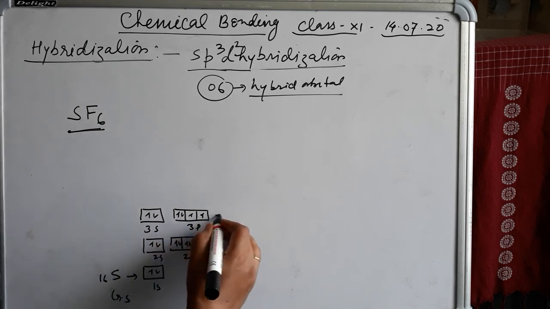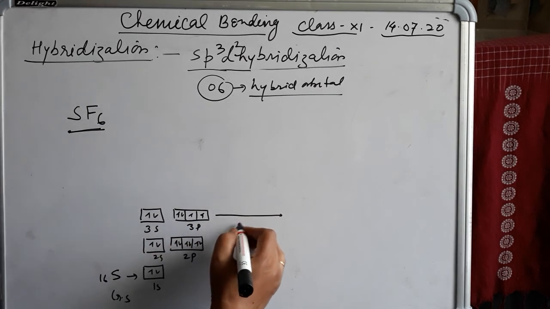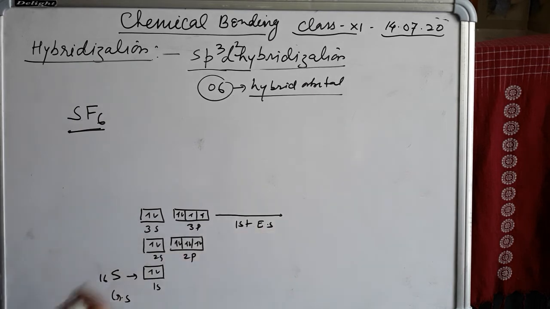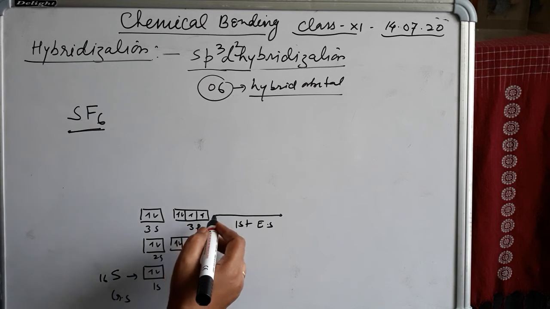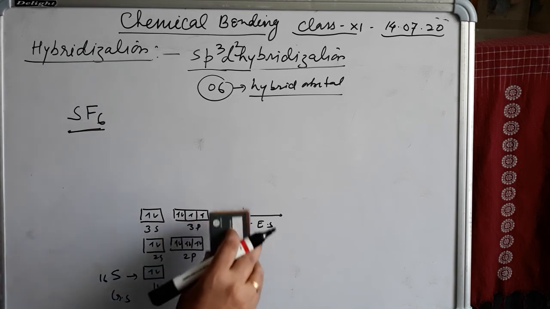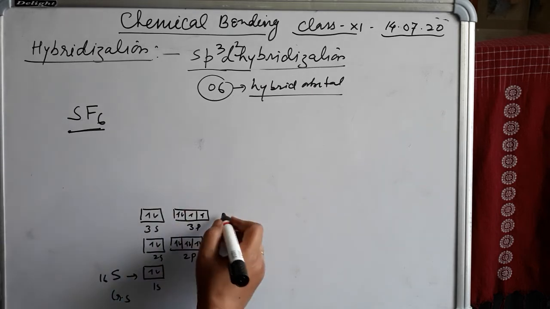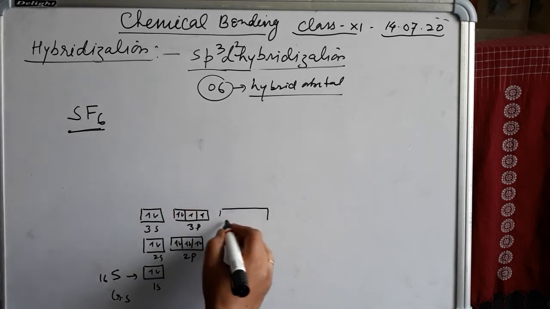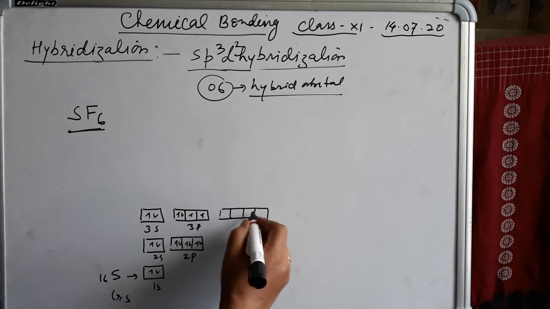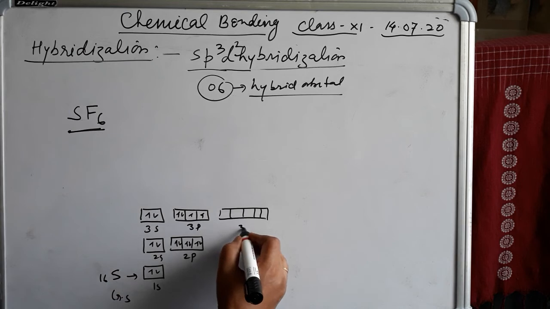So students, in the first excited state, when the electron promotion takes place, we write here first excited state. It has vacant d orbitals also. So I am drawing here. Repeat, the third shell also has vacant d orbitals present, 1, 2, 3, 4 and 5. This is 3d.